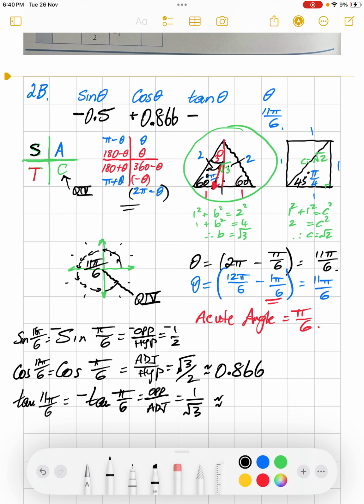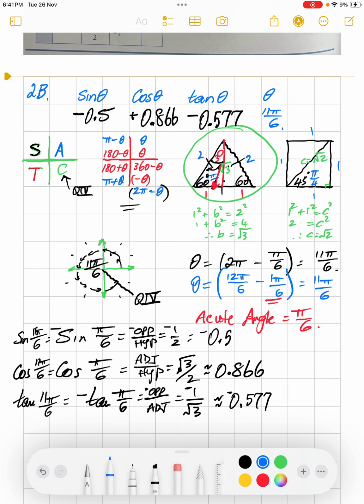But if you tap into your calculator 1 divided by root 3, you get 1 divided by 1.732, and to 3 significant figures, 0.577. So that's negative 0.577.